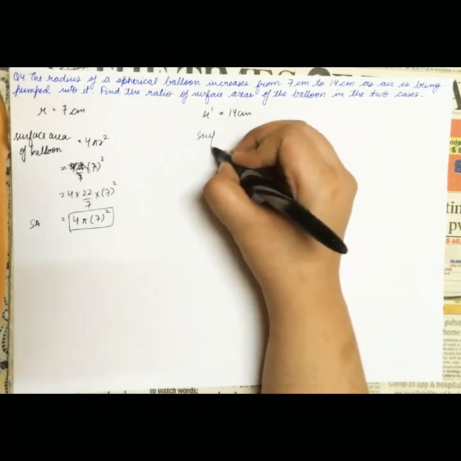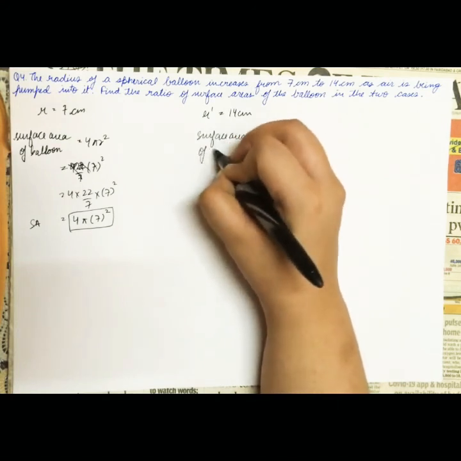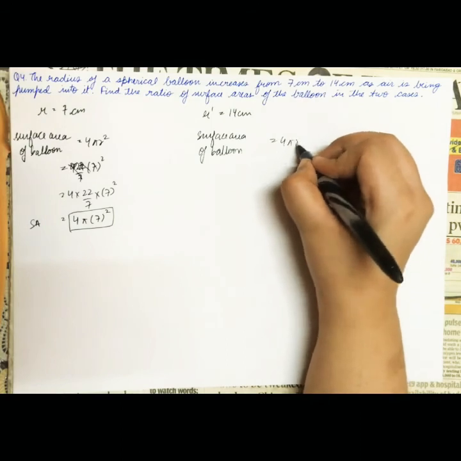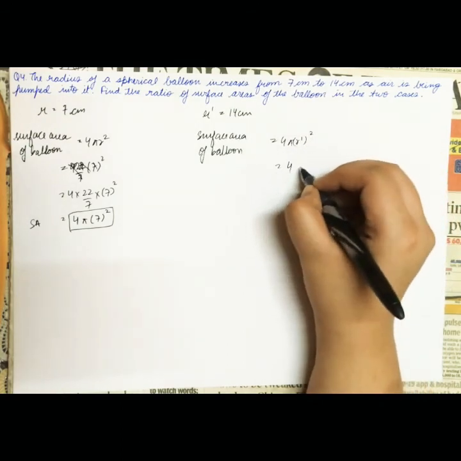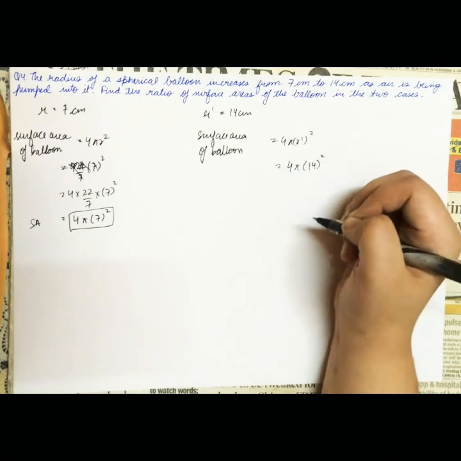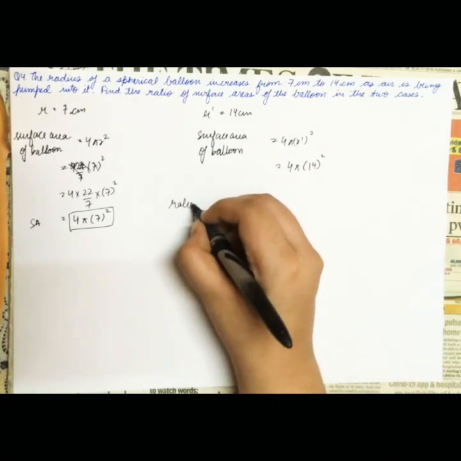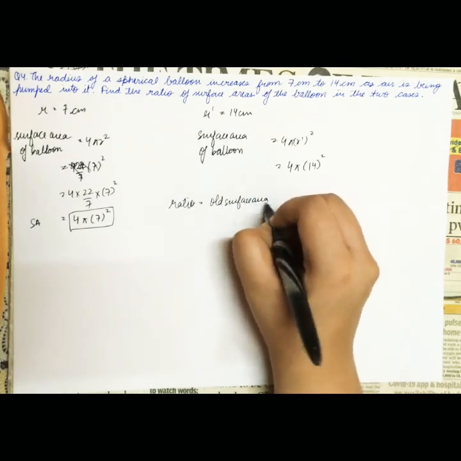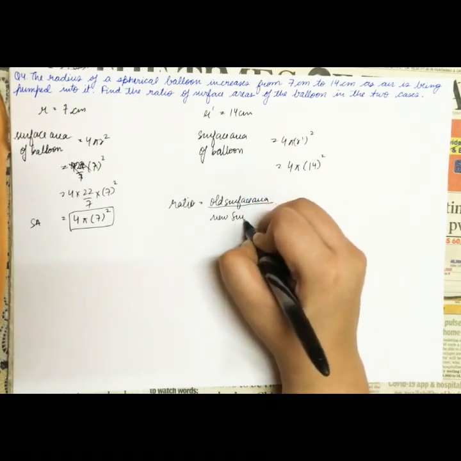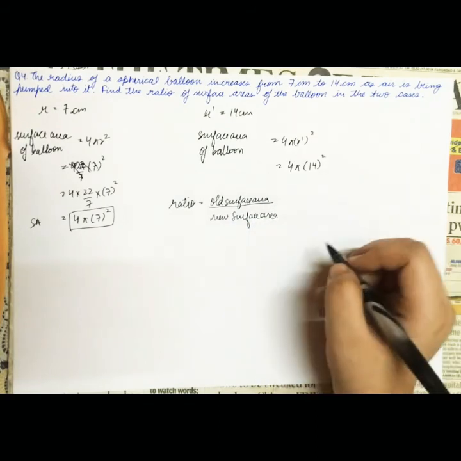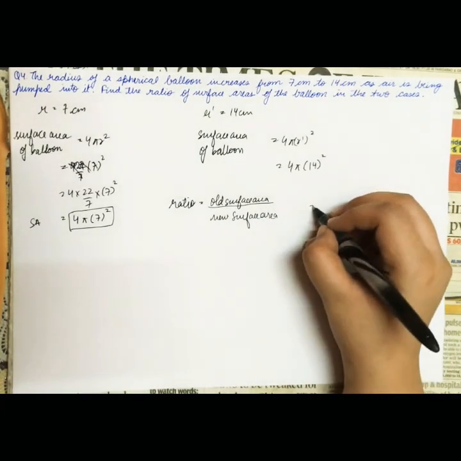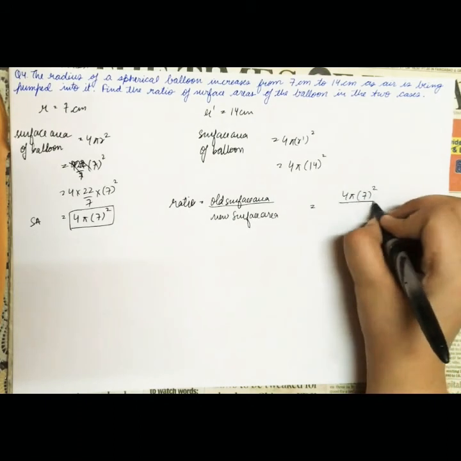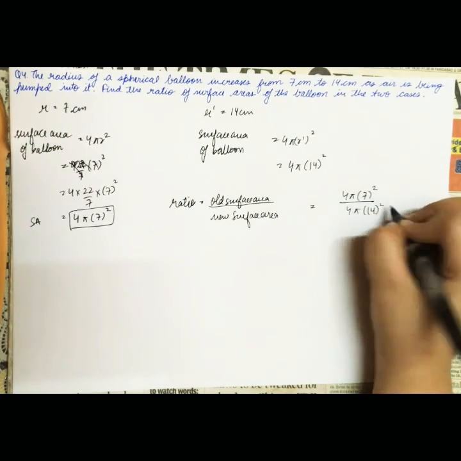Now surface area of balloon with radius 14 centimeter will be 4 pi 14 square. Now the ratio will be old surface area upon new surface area. Now we'll put the values, that is 4 pi 7 square upon 4 pi 14 square.